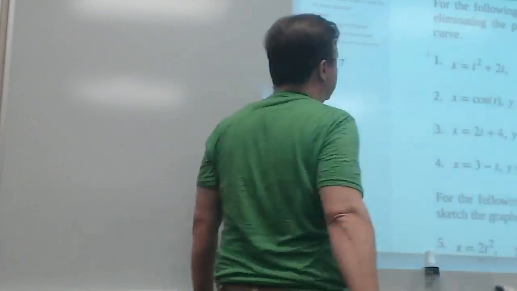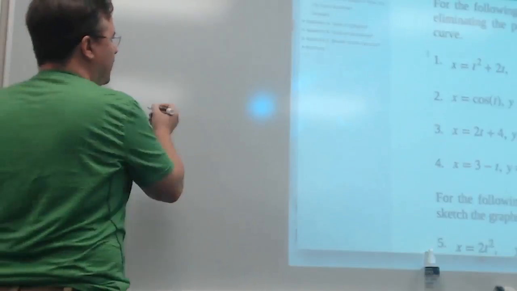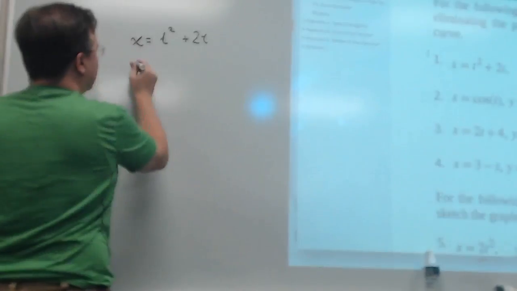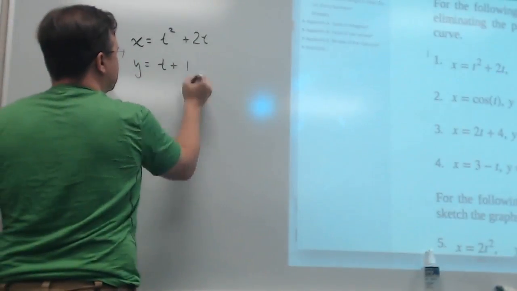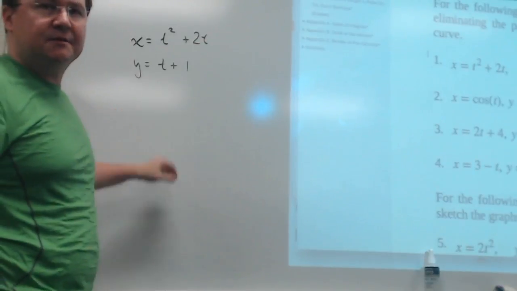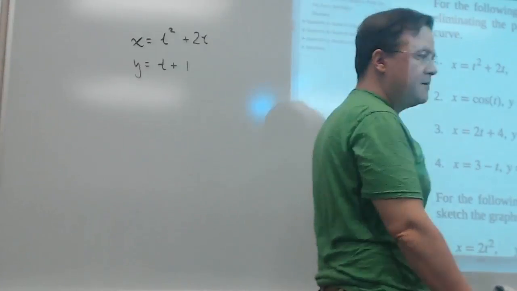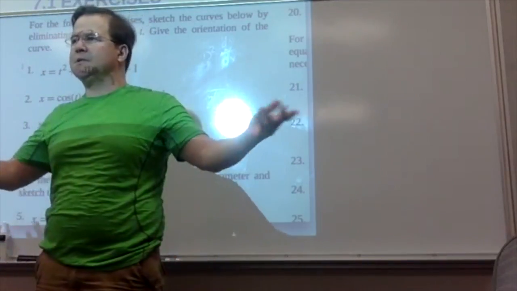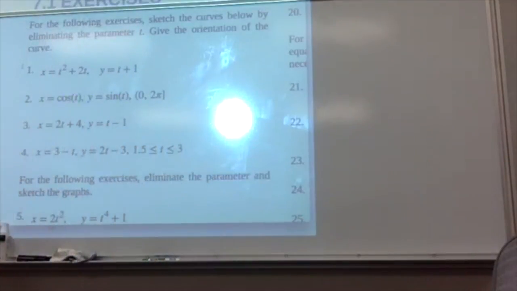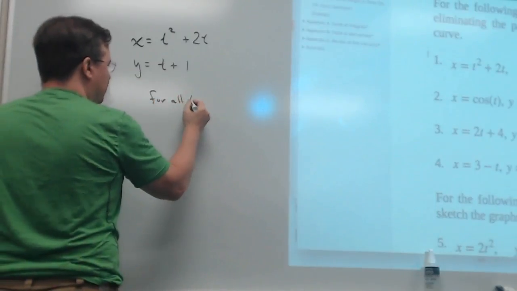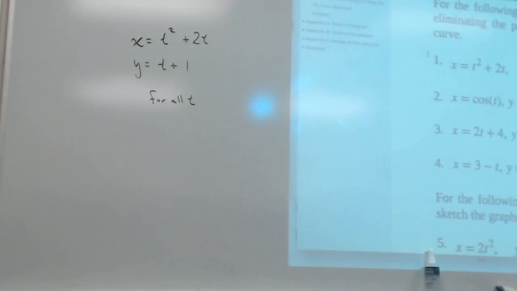For example, here's a parameterization of a curve where x is t squared plus 2t and y is t plus 1. Typically I might have some restriction on t, but since none was stated, you can assume t takes all possible values, positives, negatives, everything. So for emphasis, for all t.